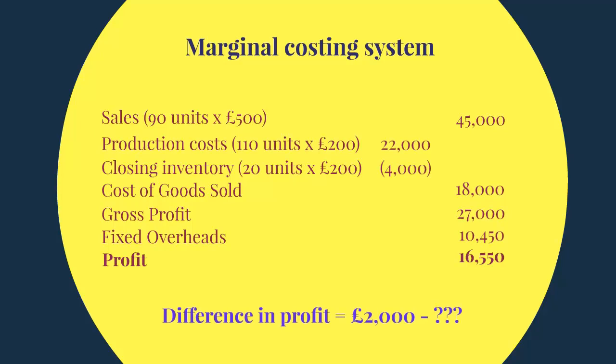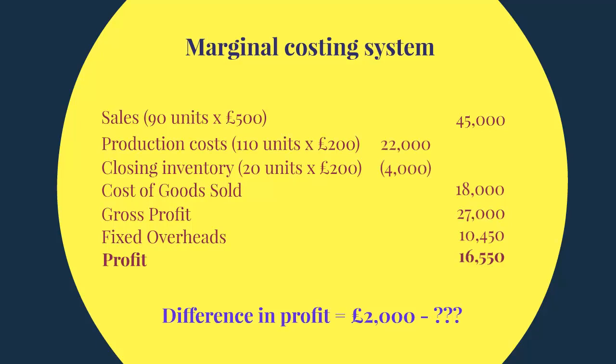And this, of course, is because under absorption costing, using those fixed overheads will give us a higher cost per unit. But the difference there is when you add your closing inventory back into the system, or you deduct your closing inventory from your production costs. That's because under an absorption system, costs are only accumulated when they are sold.